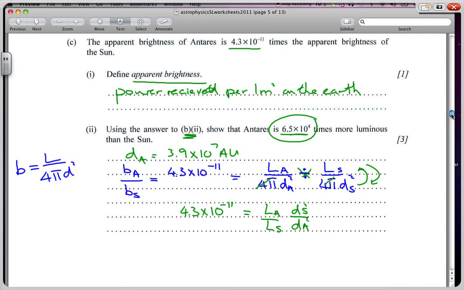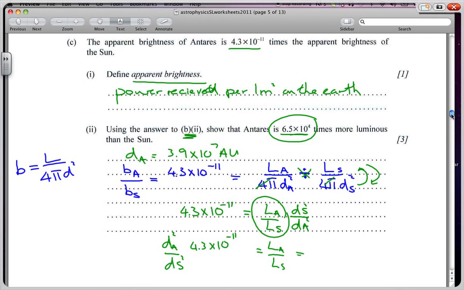And therefore, this is what I'm trying to find: the ratio of the luminosity of Antares to the luminosity of the Sun. So that's LA over LS, and I cross multiply, so that's going to be dA squared of Antares over ds squared times 4.3 times 10 to the negative 11.